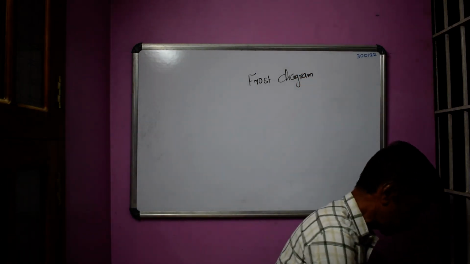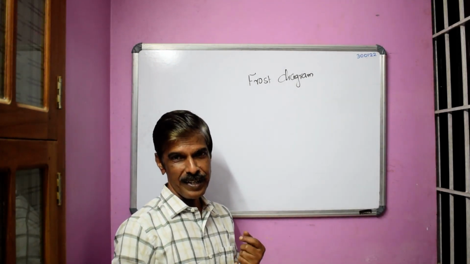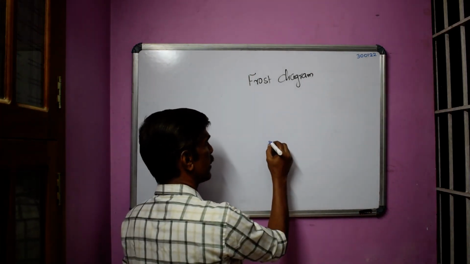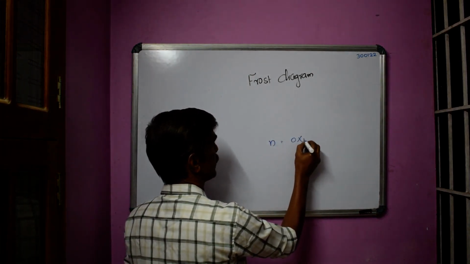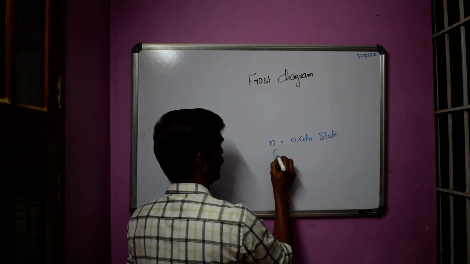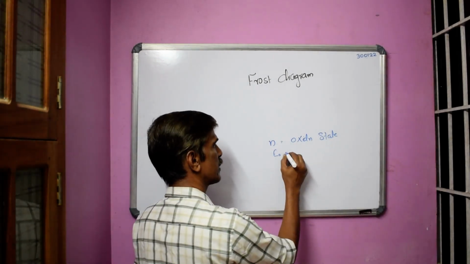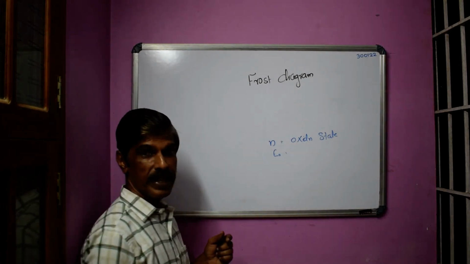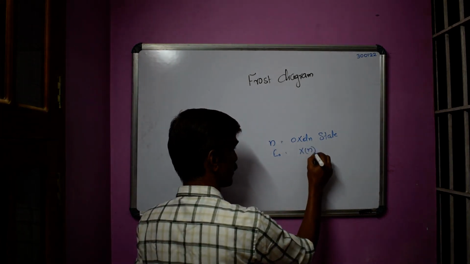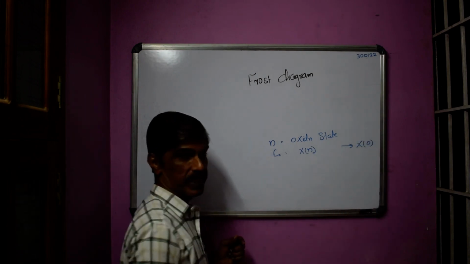Frost diagram is actually a plot of NE0 versus N, where N is the oxidation state and E0 is the standard reduction potential for the reaction X in the nth oxidation state converted into X in the zero oxidation state.